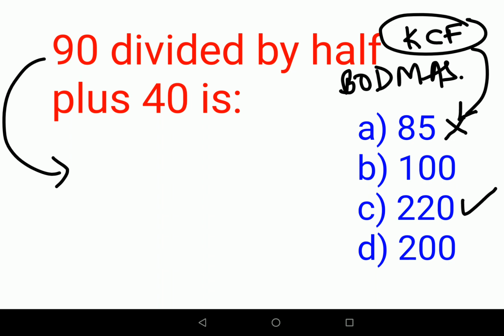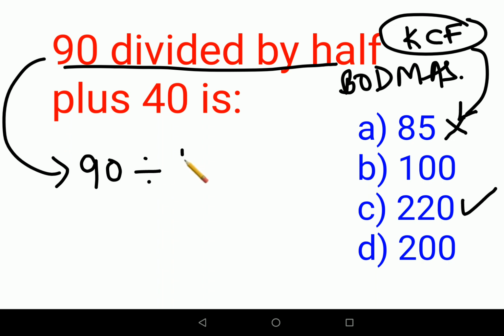Now if you look, 90 divided by half, the mathematical representation is 90 divided by half plus 40, right?